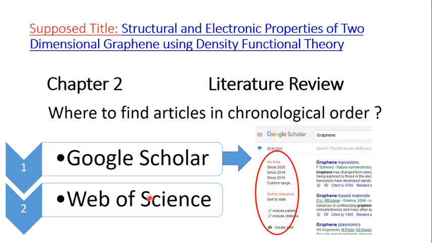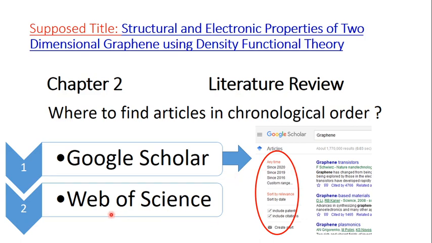So from where to find articles in chronological order? You can simply use Google Scholar, and in Google Scholar you can set the time. You can view only those papers from a certain year. If you select 2020, the research result will involve only those papers that are published in 2020.